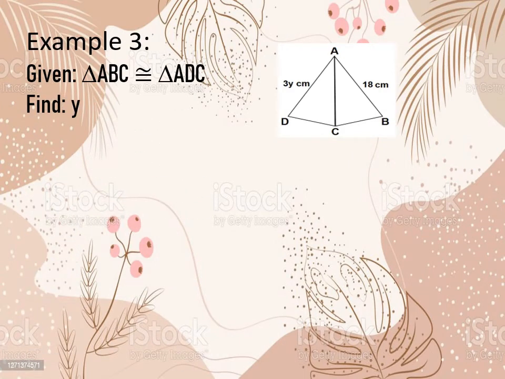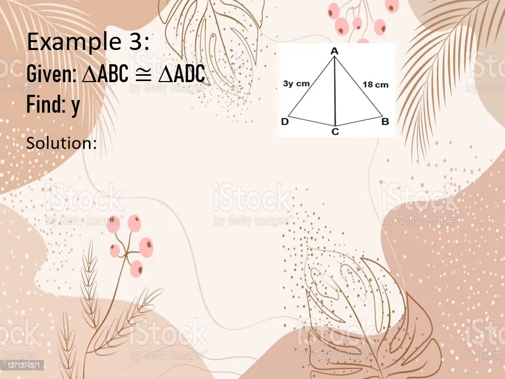Example number 3. Given that triangle ABC is congruent to triangle ADC, find the value of y. So based on this figure, what would be the value of y?